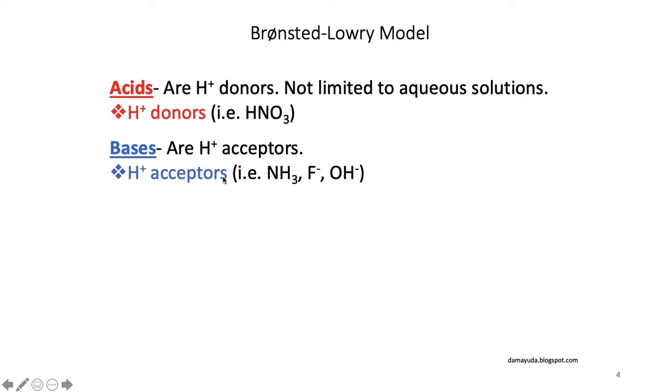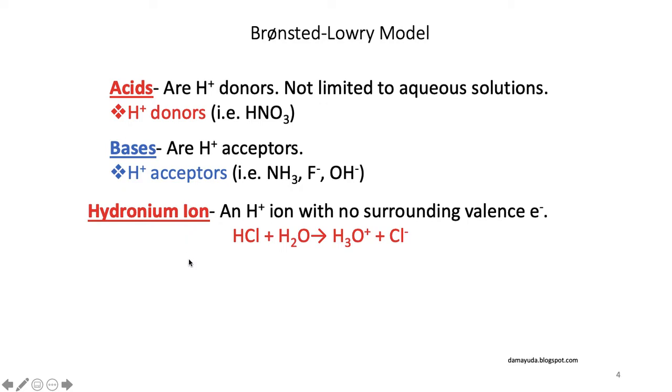H plus acceptors can include ammonia, NH3, for example, the fluoride anion, and the OH anion. So you can see that these don't necessarily have to include water. They can just accept the H plus from an acid and they will be classified as a base. That is the general definition.